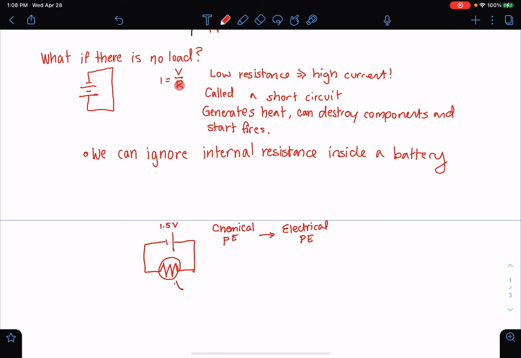So the resistor is going to use up that amount of electrical potential energy. Now, what that electrical potential energy is converted into depends on what's connected to it. If it's a light bulb, we'll say it's converted to heat and light energy.